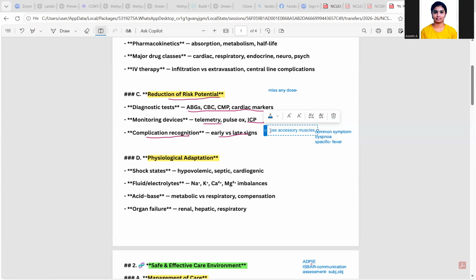that means the work of breathing is higher, in adults as well as pediatric. Normally respiration is effortless, an involuntary process.